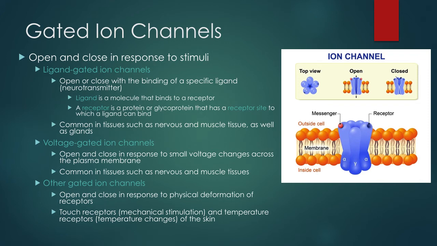And so these are responsible for the spread of the action potential across the surface of both muscle cells and nerve cells. There are other types of ion channels too that open in touch receptors or temperature receptors, and so those are sometimes referred to as mechanically gated or temperature gated channels.